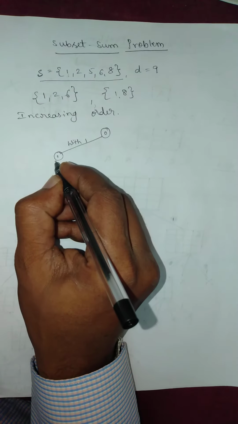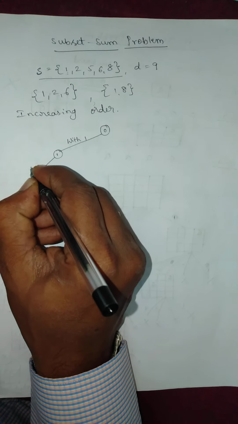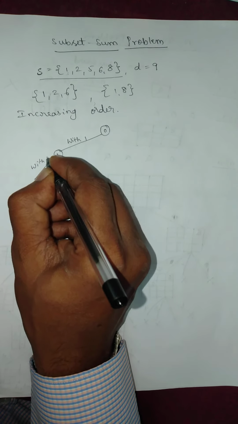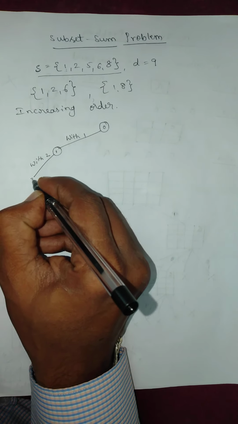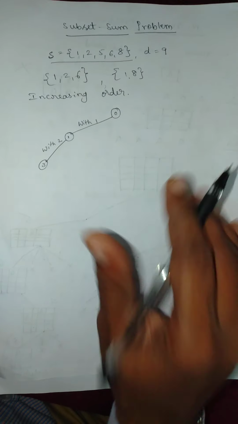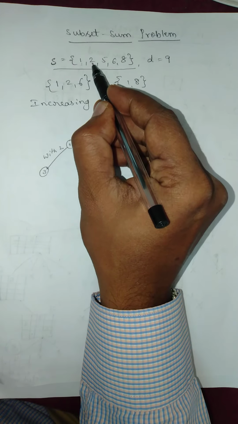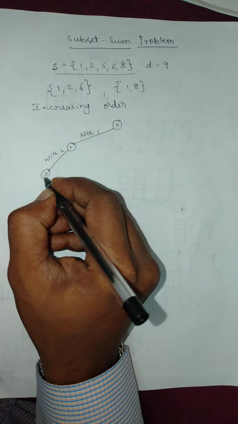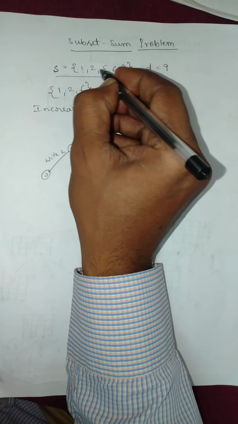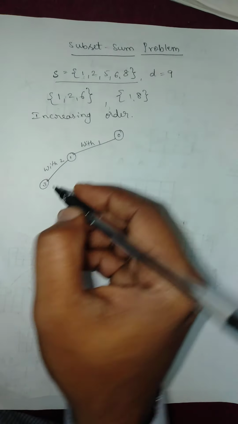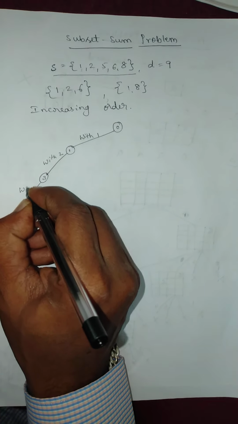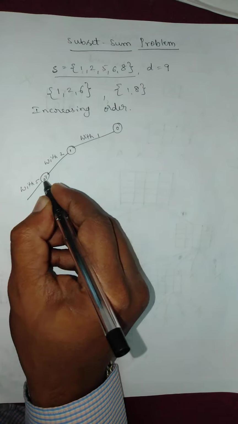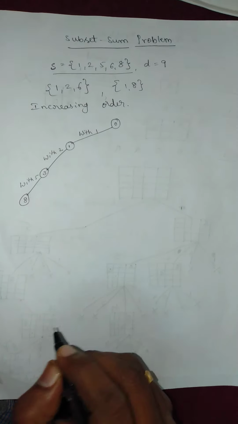So for 1, if I add 2, what will be the sum? 1 plus 2 is 3, isn't it? Next, for 2, if I add 5, that is 1 plus 2 plus 5, so 5 plus 3 is 8, isn't it?